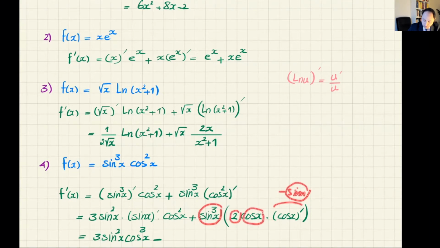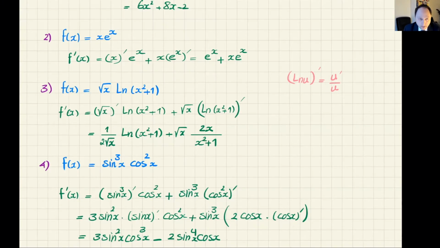So it becomes 2 sine to the 4 cosine. And that is the answer, sine to the 4x, sorry, cosine. So you see that you can also combine the formulas. Any questions?